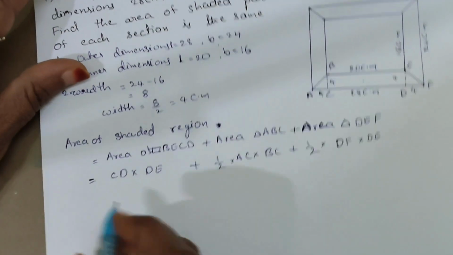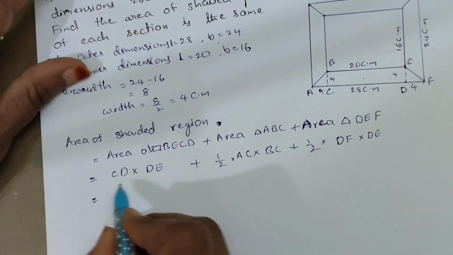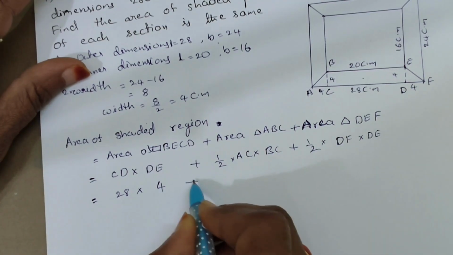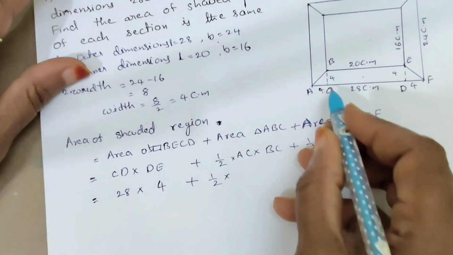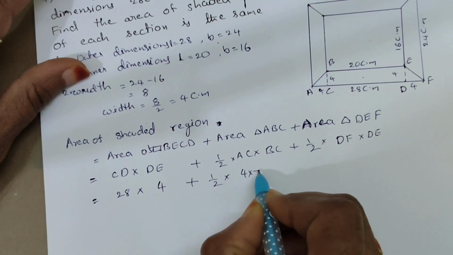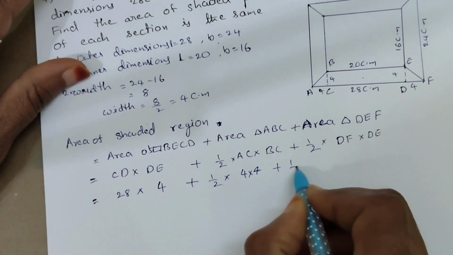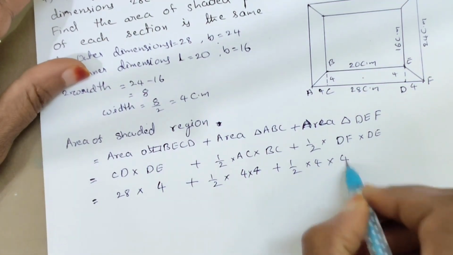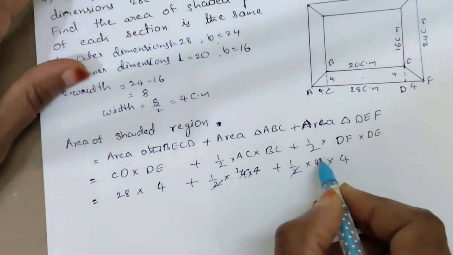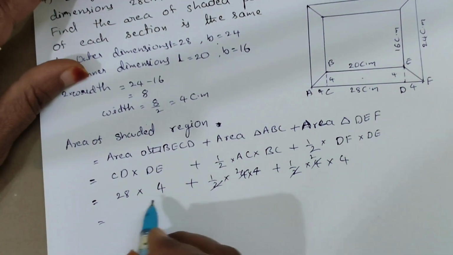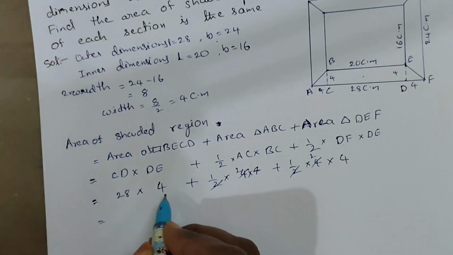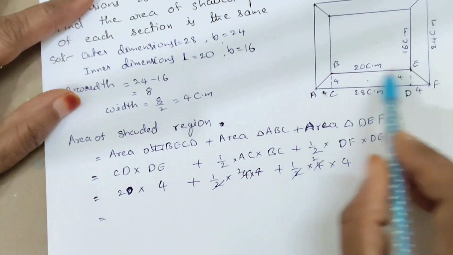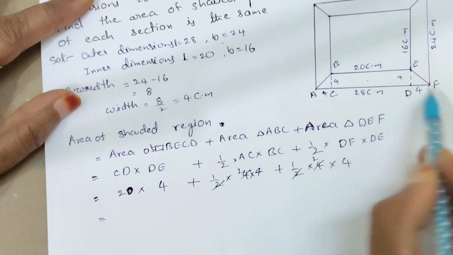So now substitute these values. CD is equal to 28, DE equal to 4 centimeters, plus 1 by 2, AC equal to 4 centimeters into BC also 4 centimeters, plus 1 by 2, DF 4, DE also 4 centimeters. 2 ones are 2, 2 twos are 4. So now 28 into 4. Not 28, 20 here, because BE is 20, which means CD is 20, AF is 28.